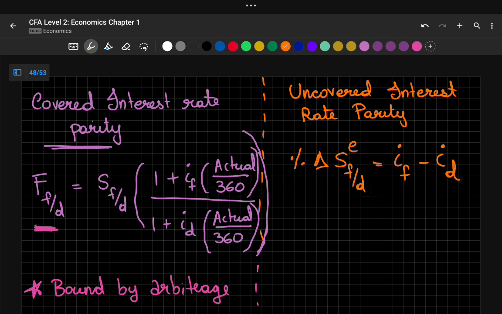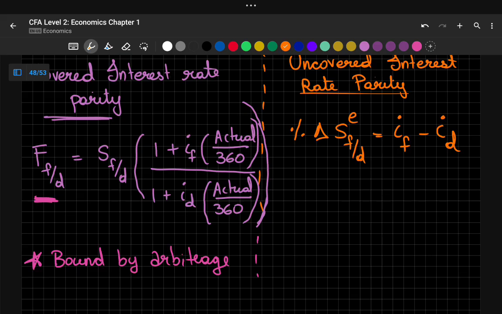This is the uncovered interest rate parity condition's equation. Now, similar to how covered interest rate parity is bound by the arbitrage condition, uncovered interest rate parity is based on the risk neutrality of investors, speculators, and traders.